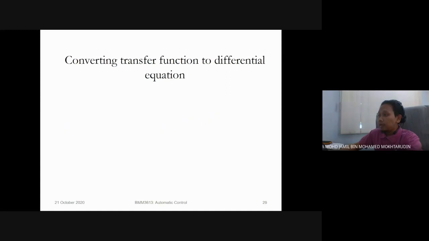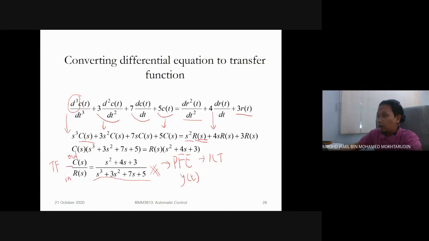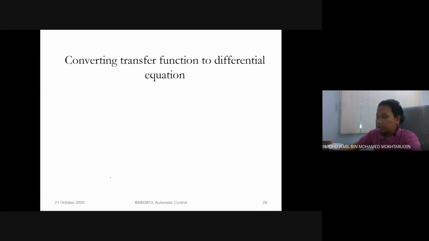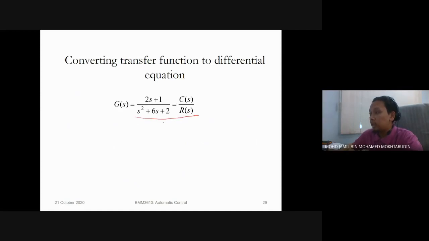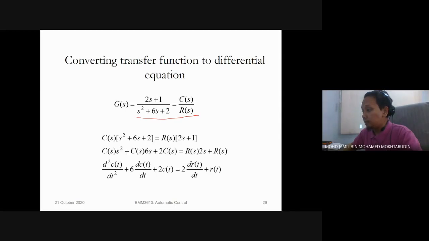Okay, sometimes you can convert from transfer function to differential equation. So let's say you are given a transfer function here, so you can convert it back to its original differential equation. So rearrange them. This multiplies with C(s) and this multiplies with this.